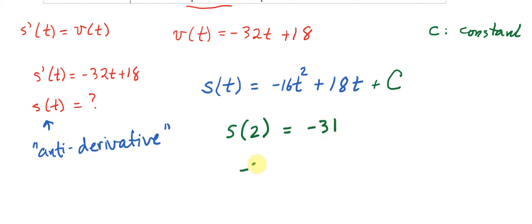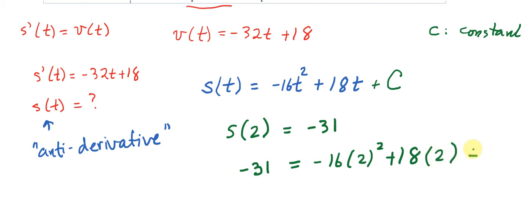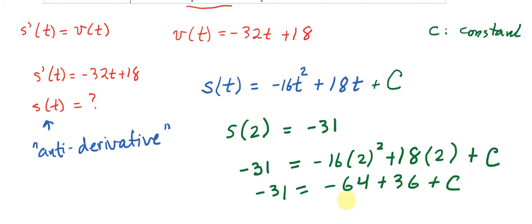So now we can do some work here. Negative 31 is equal to negative 16 times 2 squared plus 18 times 2 plus c. So negative 31 is equal to negative 64 plus 36 plus c.